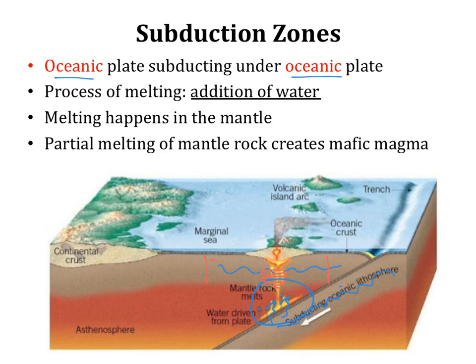So again, to remember the process of addition of water, if it happens in the mantle, we're melting ultramafic rock, right? So our source rock is ultramafic. And that means the magma that's created is mafic.